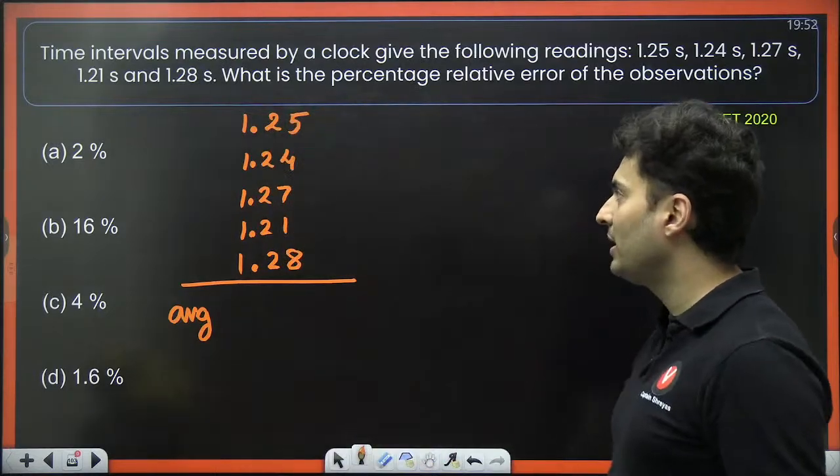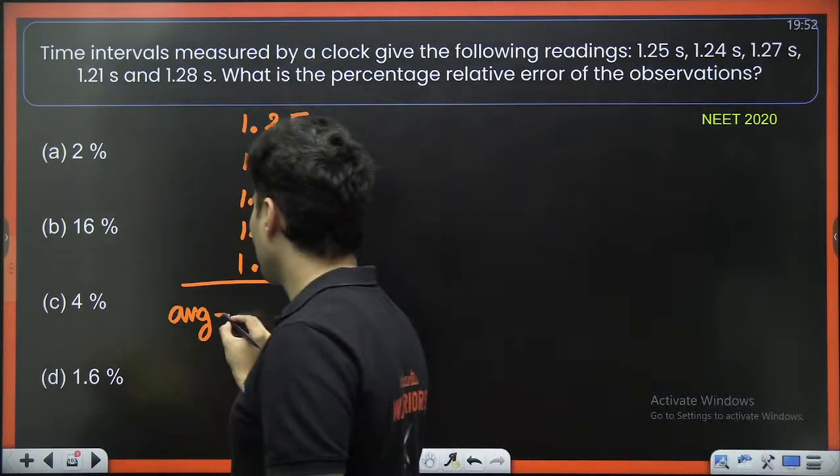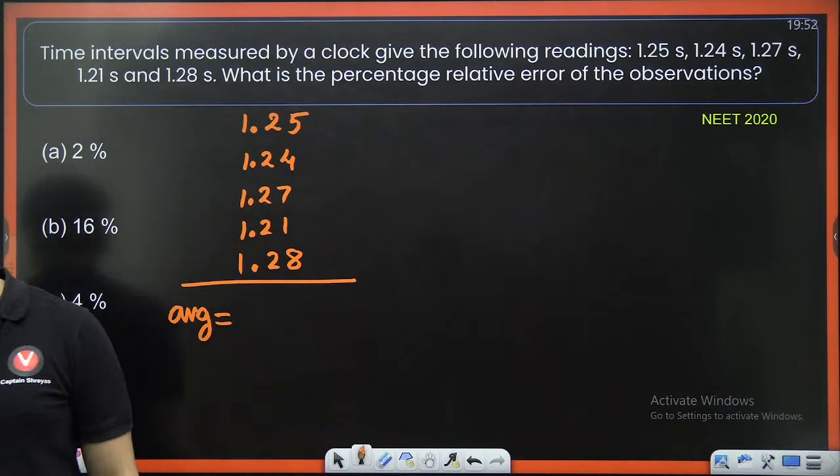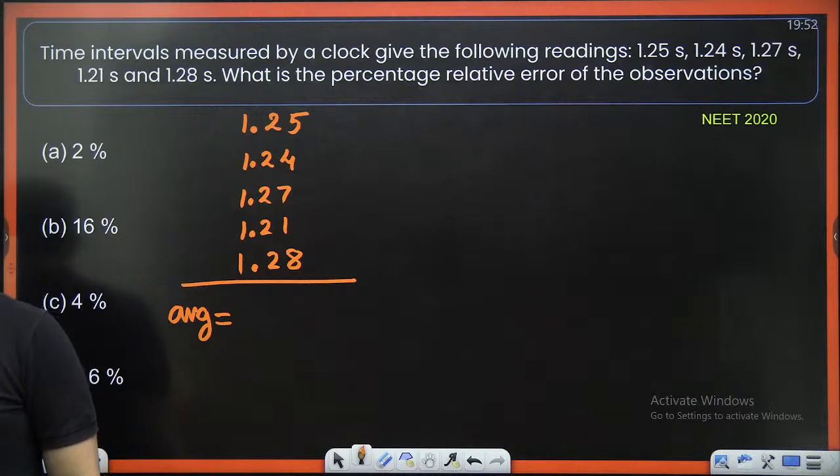First, find the average value and see how much it is. Come on, my dear students. Come on, everyone. Add 1.25 plus 1.24 plus 1.27 plus 1.21 plus 1.28.